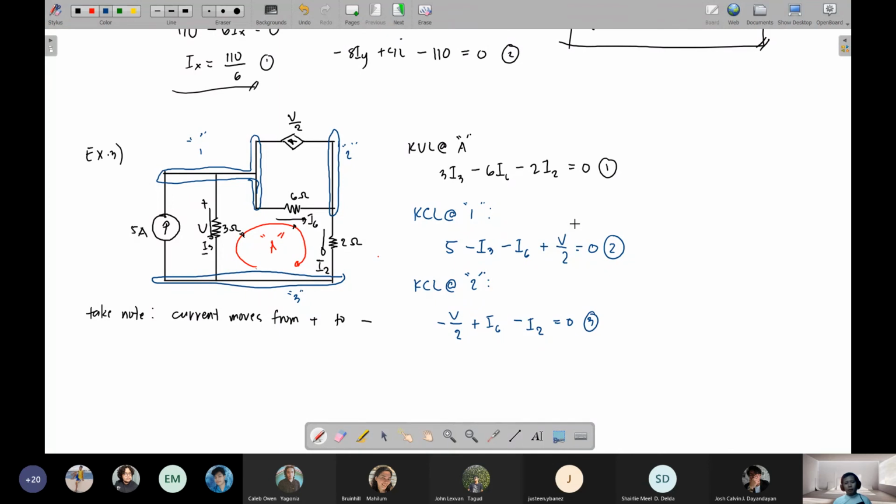Now, there are plenty of ways to solve this. One of the ways, you can also apply KCL at node 3. Of course, you need a 4th equation because there is a 4th unknown. But I advise you to not do that because your solution will become more complicated.